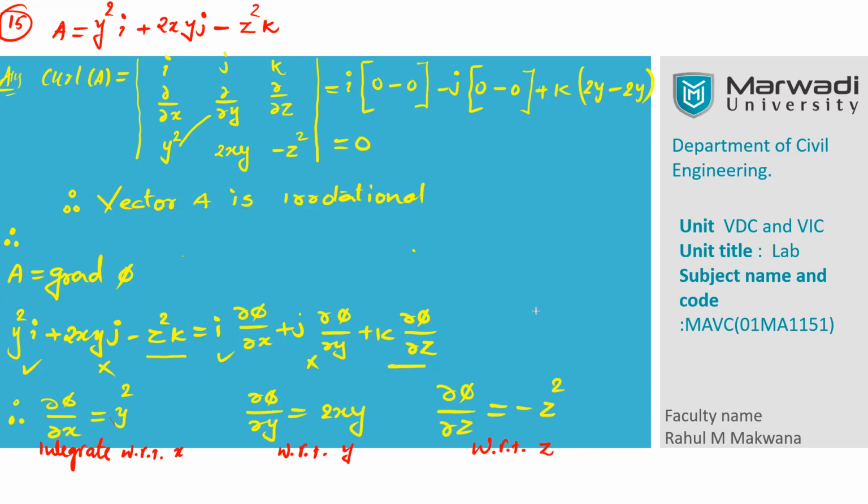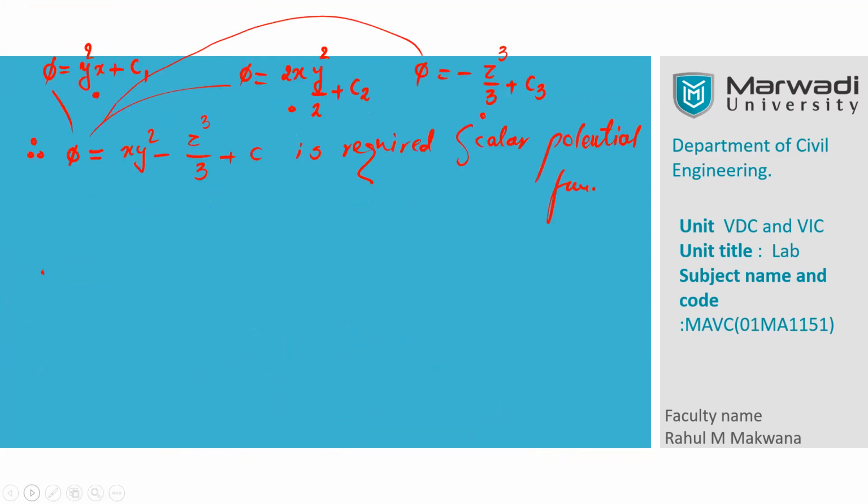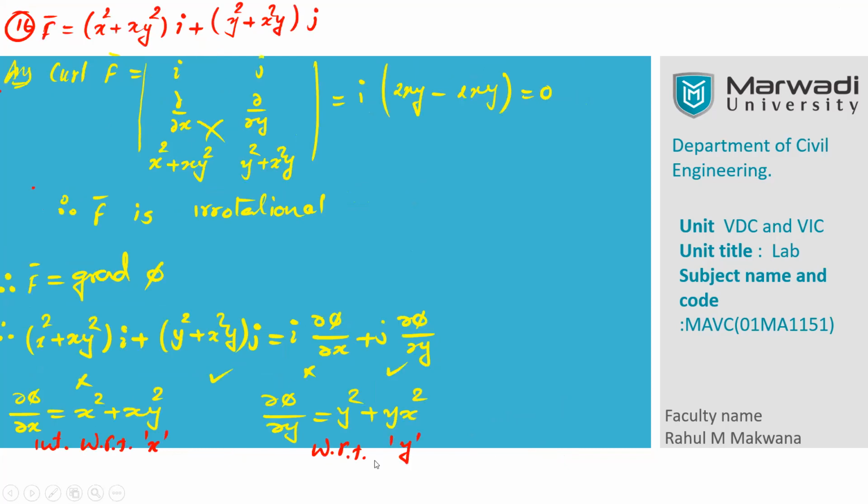Let me repeat it again. First of all, prove that the given vector is irrotational.